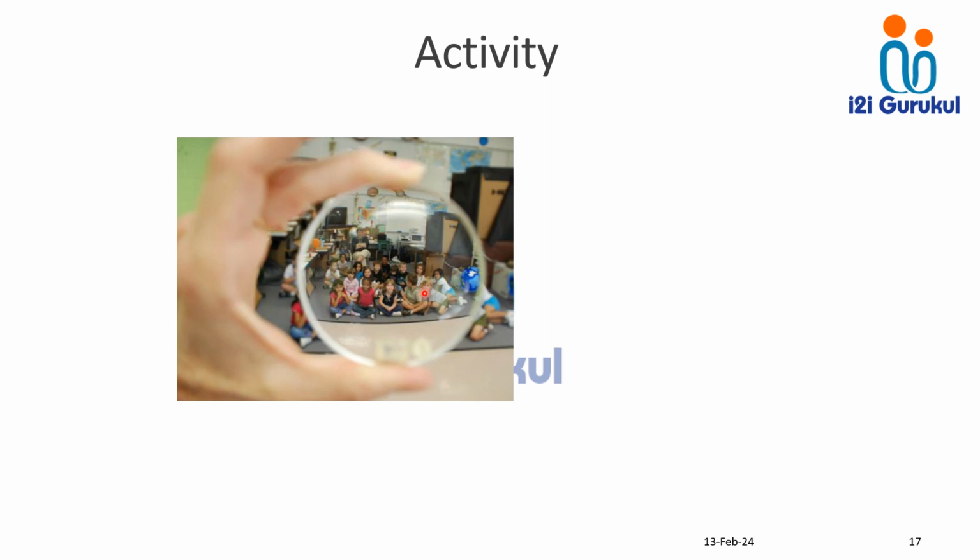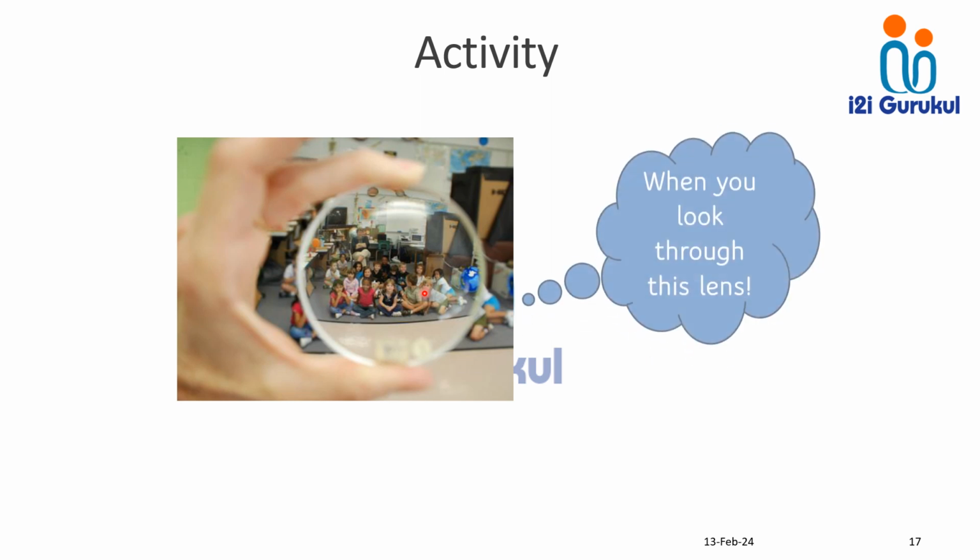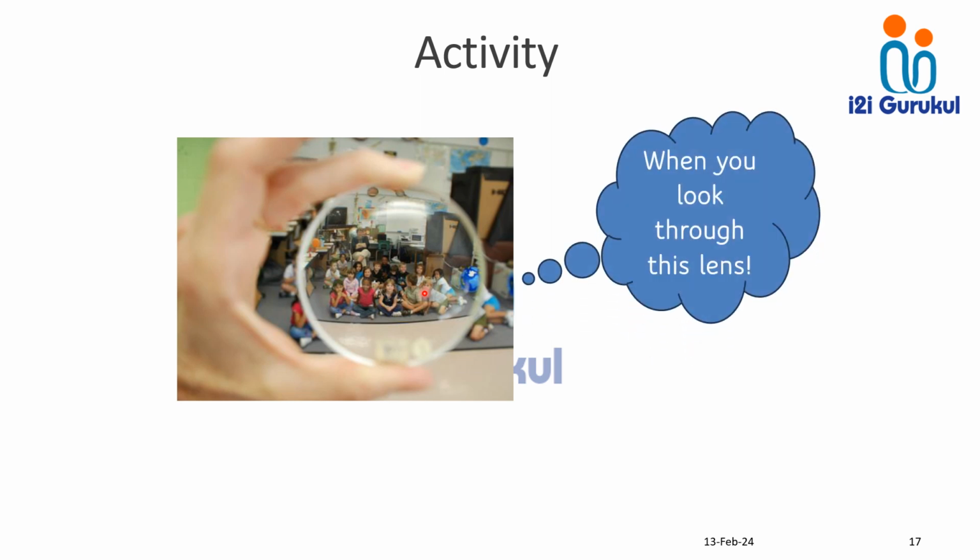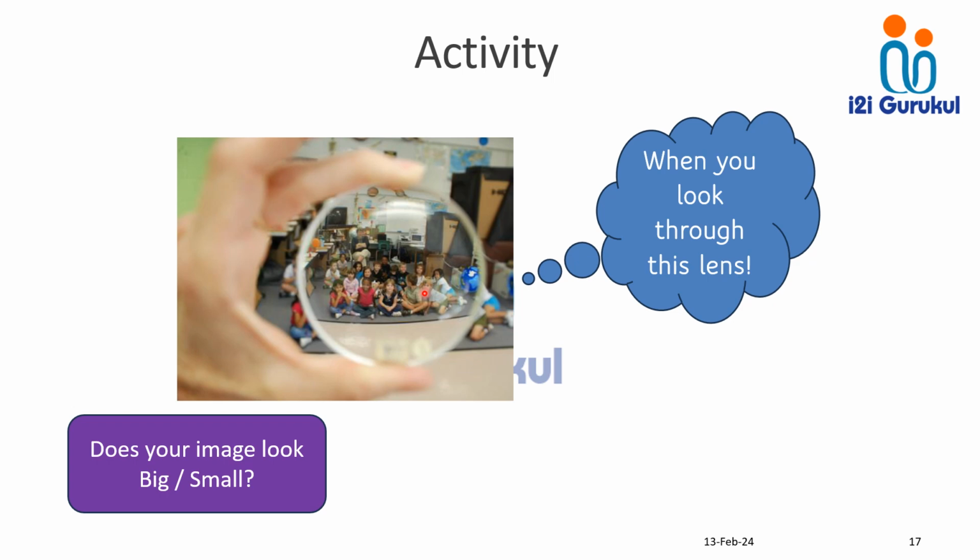A negative lens bends the rays of light outwards and spreads them away from the focus. It is called the minus lens because it subtracts from the curvature of the eye. So how do the images look through the minus lens?